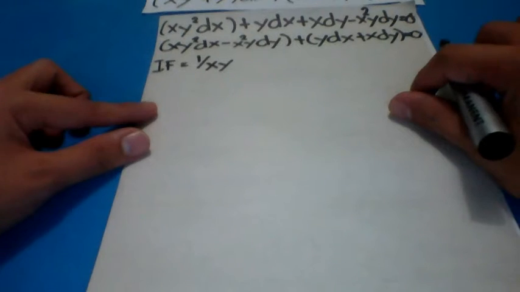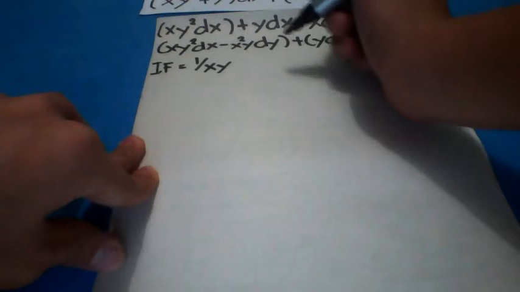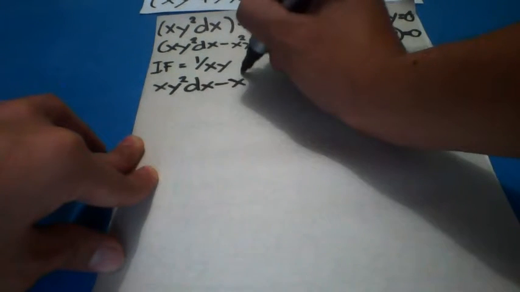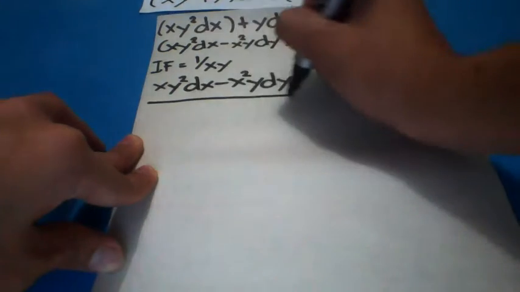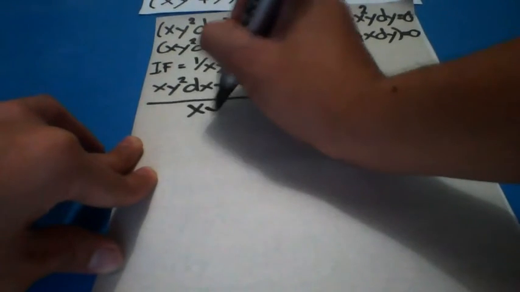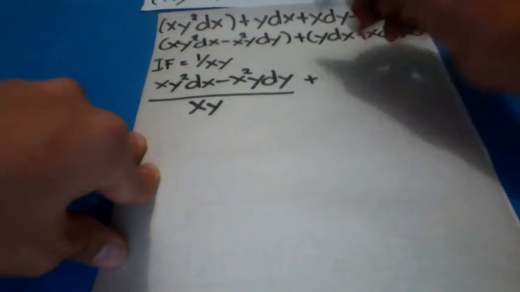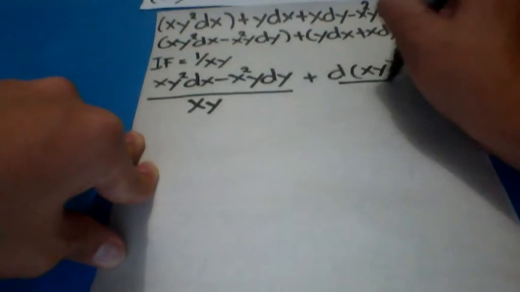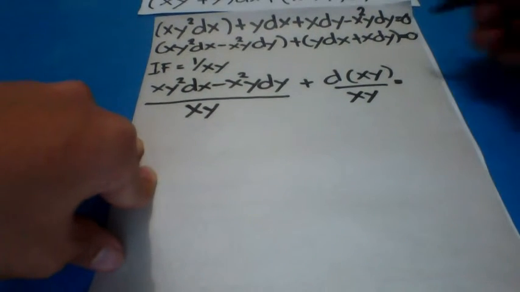So I multiply the integrating factor on both sides. So I have here x y² dx minus x² y dy over xy plus d(xy) over xy is equal to 0.